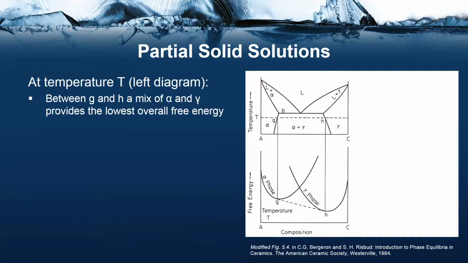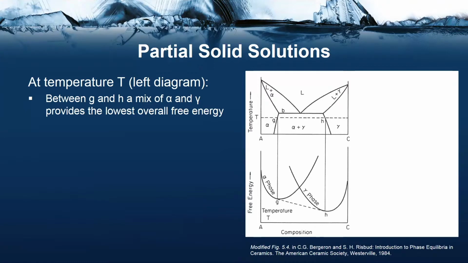Going down via the projection to the lower figure, we can see that the tangent represents the Gibbs free energy at a combination of alpha of composition G and gamma of composition H. So, for example, we mix this with this, and we will be along this line, which has the lowest overall Gibbs free energy.